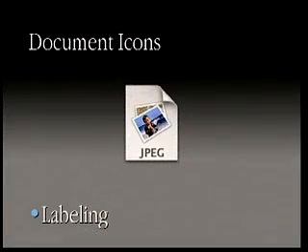Sometimes it's important to communicate supplemental information about a document. And in this case, we call that labeling. The image up here on screen communicates a preview icon that is of the kind JPEG.